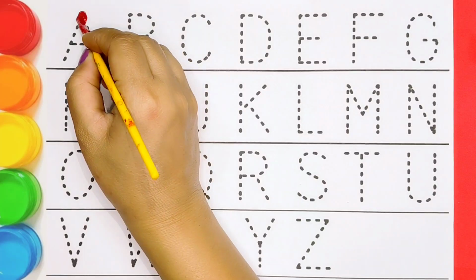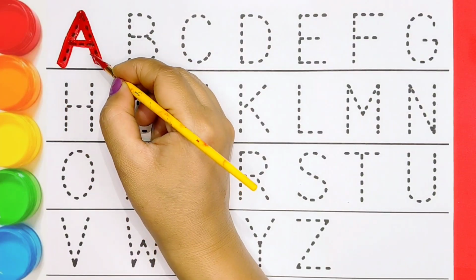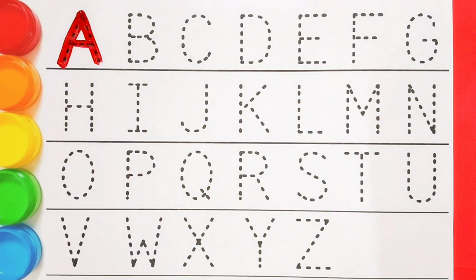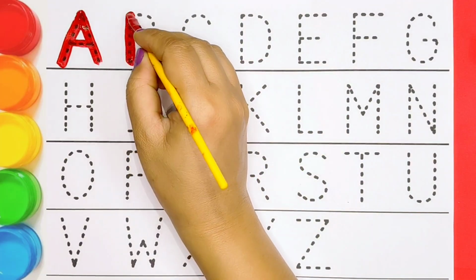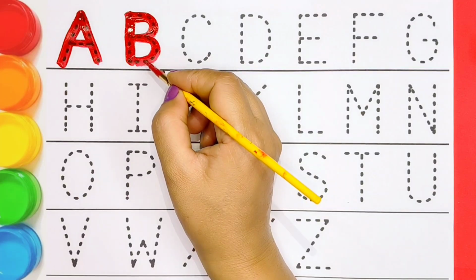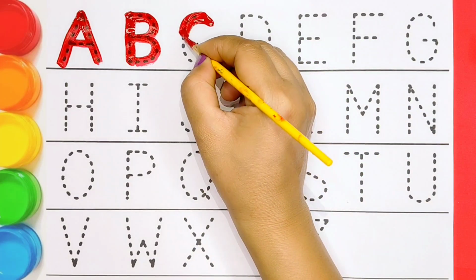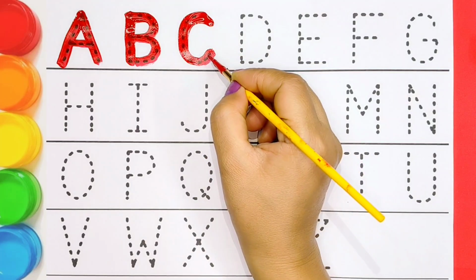Let's paint. Red color. A. A for apple. B. B for butterfly. C. C for cow.